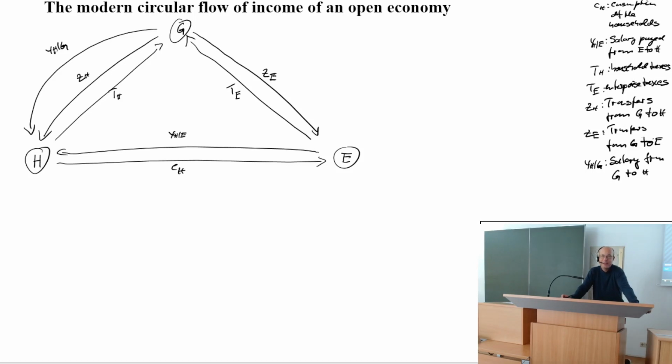If you look around here, all this stuff, this building, the table, the chair, the computer, the beamer. So to speak, the government is also consuming. He's just buying goods from the enterprises. So this would be then government consumption.